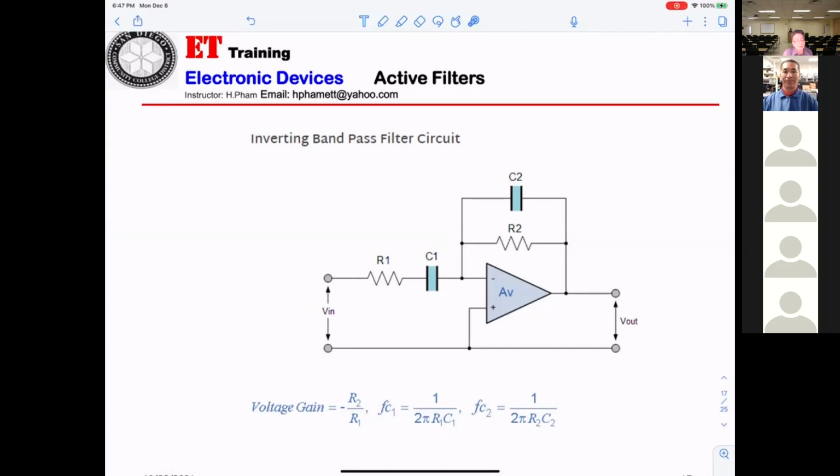And the cutoff frequency for low cutoff and the high cutoff formula. However, you don't care much about the formula. You're just the technician trying to test. They tell you lower cutoff, 3K, or higher cutoff, 6K, for example. When you're testing, you measure, you get the value.